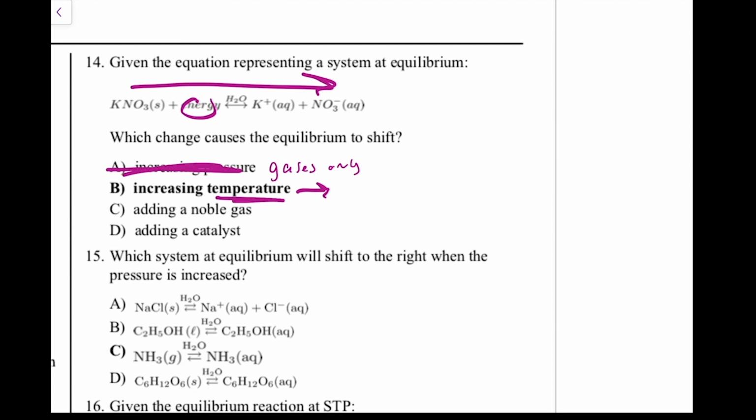If you add a noble gas, that just doesn't make any sense, so no. And then if you add a catalyst, catalysts speed up the reaction, but it does not cause a shift whatsoever. So the only one that makes sense is increasing temperature.